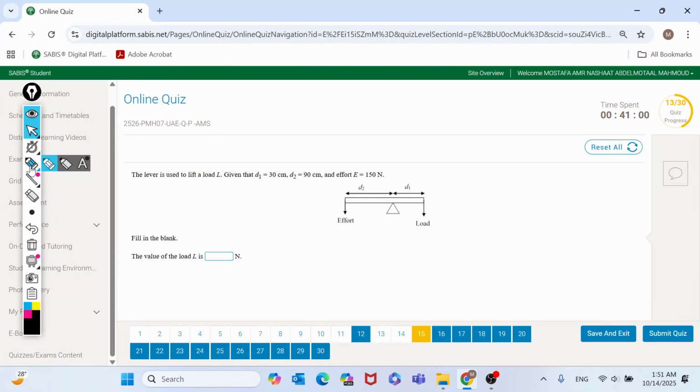Okay, guys, this one might look complicated, but it's actually very easy. Look, the formula is load times distance of the load equals effort times the distance of the effort.